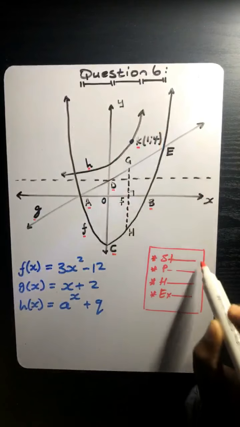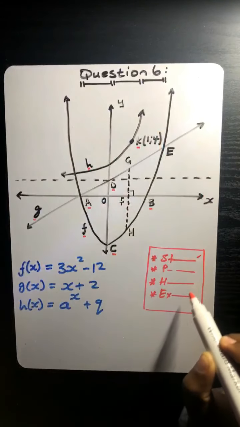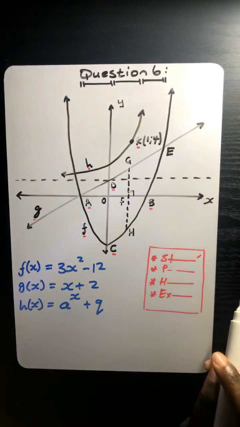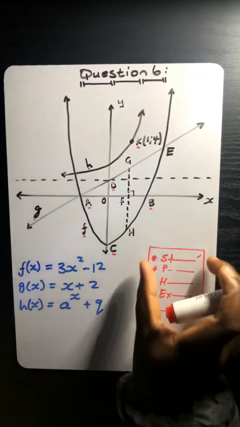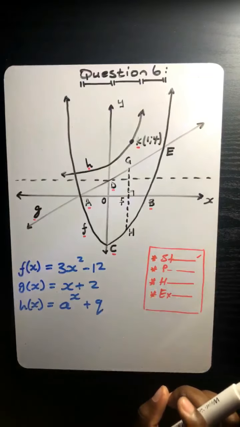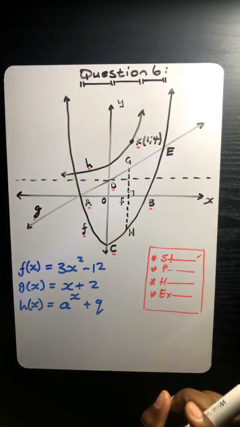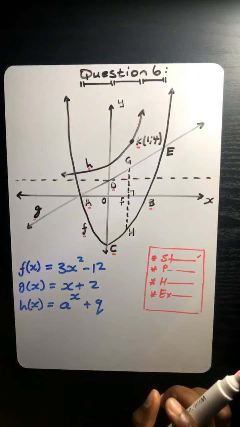You might be given a straight line, a parabola, hyperbola, or exponential, so you need to remember all that you learned regarding them. And remember, guys, if you missed those lessons, you can send me an inbox and I'll send you the links so that you can catch up.